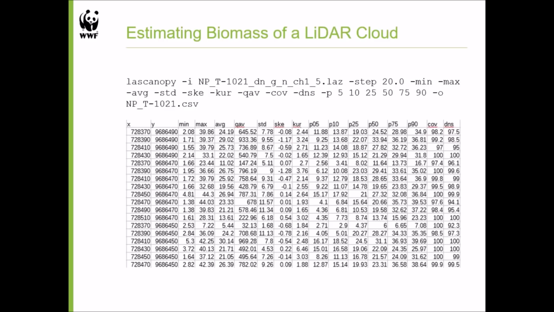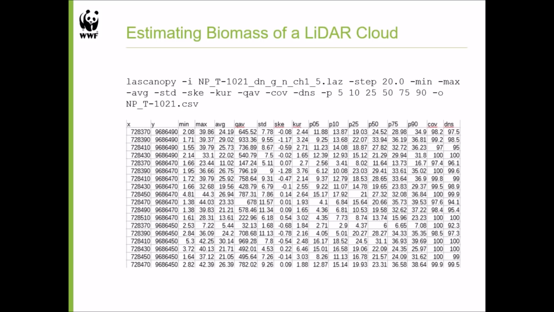Then we use the same last canopy that we use to estimate the parameters, the LiDAR metrics that we are using in our model. We use it to estimate the parameters for the whole transect. It divides the transect in small squares. I specify here minus the step 20.0.